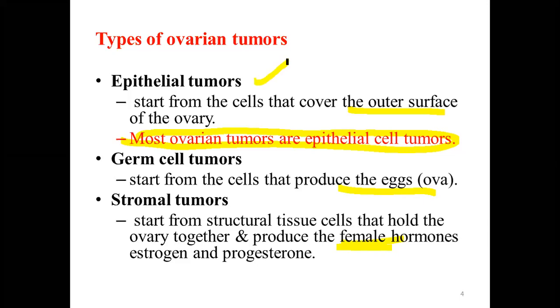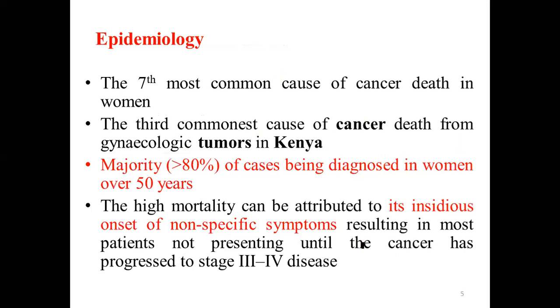So this is epithelial, this one is from the germ cells that produce ova, and the stromal cell produces estrogen and progesterone. You can see these types of tumor in a patient with ovarian cancer, but the epithelial tumor is usually the most common type.